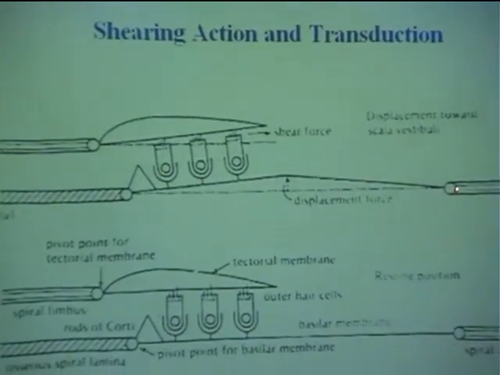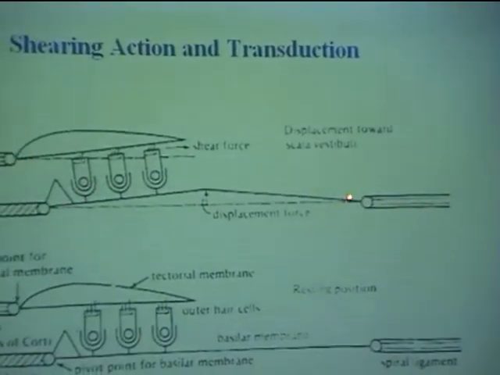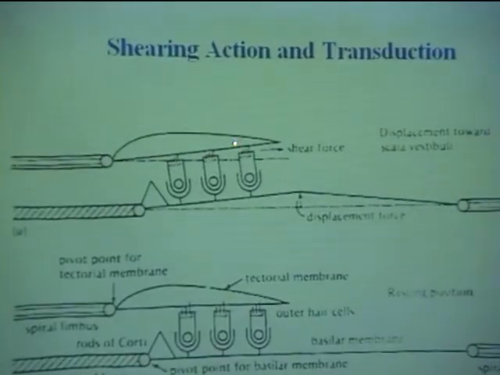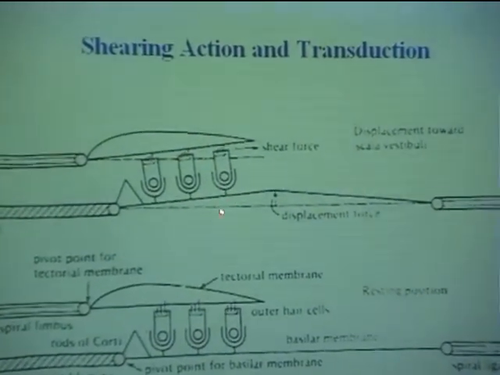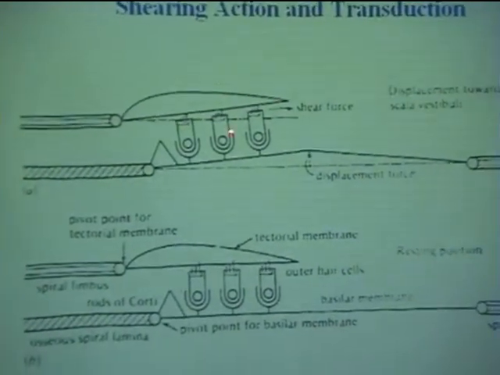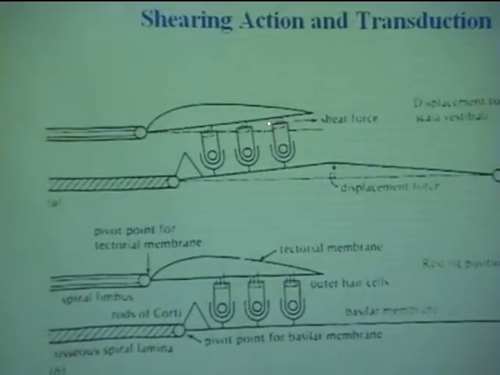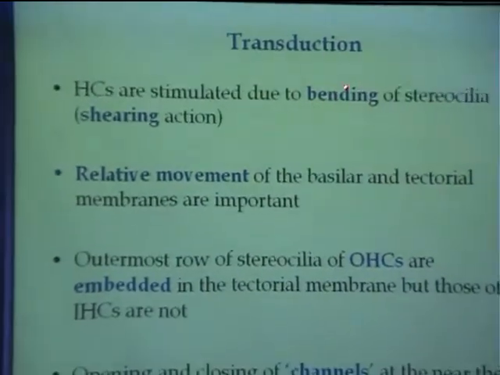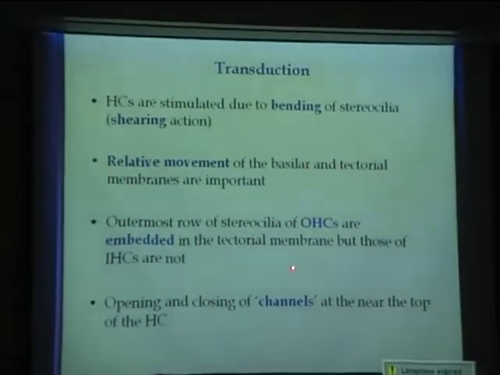But as you go further away from this pivot point, this part is able to move much more. So as the basilar membrane moves up and down, the hair cells also move, contract and stretch, and that's what helps these little ionic channels to open. So the hair cells are stimulated due to this bending and shearing action.